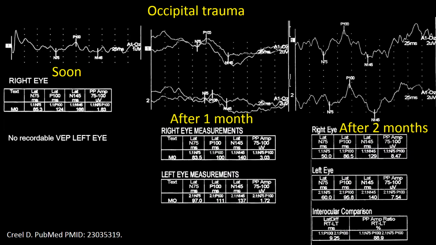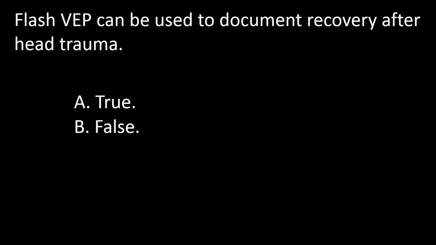So, as the saying goes, VEP, that is flash VEP, may be used to document improvement but not to diagnose it, unless the improvement is coupled with clinical improvement. So the answer to this question is A.